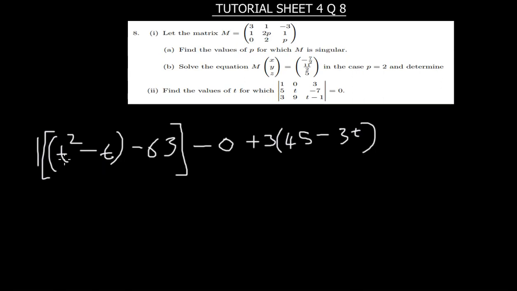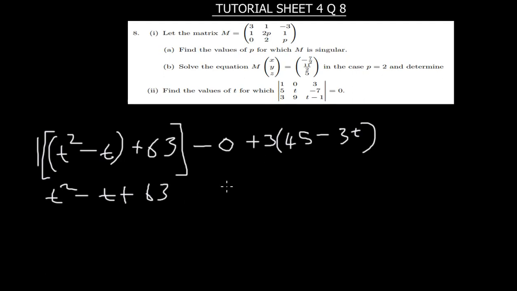So we're trying to find the determinant here. So this is t squared minus t minus 63. So this was minus, again, there's a negative there, meaning this is going to give us a plus. So plus 63.